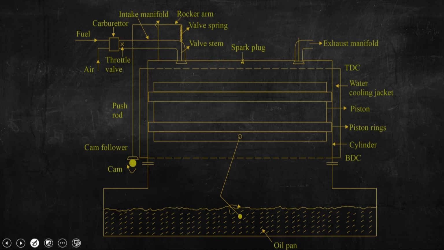The water is supplied through this jacket just to reduce the temperature of the cylinder wall. As I told you in one of the previous classes, if we do not allow the temperature developed due to the combustion to reduce, then there will be several problematic issues.